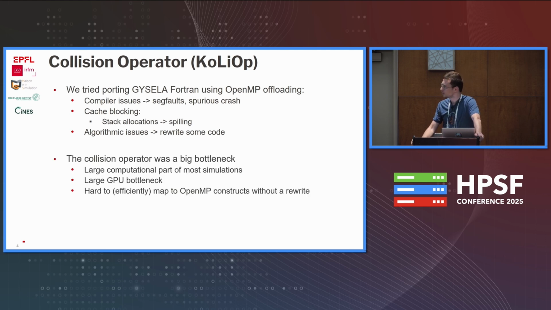Eventually we did port all of the things, but one of the big bottlenecks was the collision operator. I'm not going to go into the details of this operator, but it was taking almost all of the time, it's one of the most time-consuming operators, and actually one of the parts in the code that was the most tuned over the years.